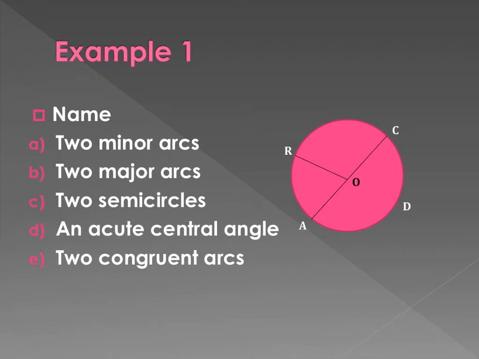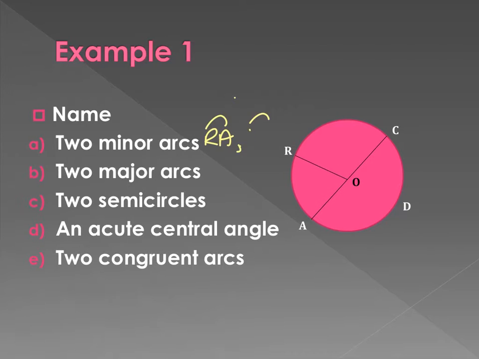All right, so what are the names of 2 minor arcs? Evan. RA is one, which can also be called AR, same arc. Okay, what's the second one?